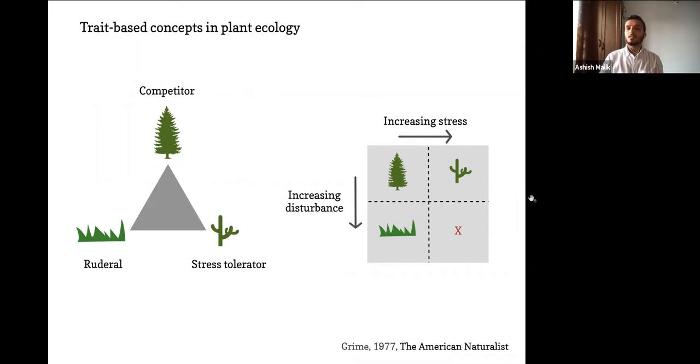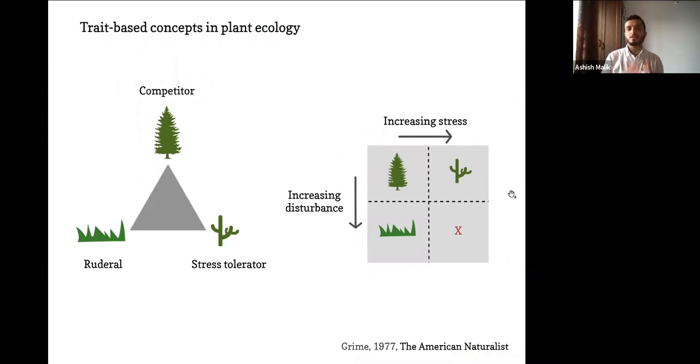And in environments where disturbance is low, but stress is chronic, stress tolerators are able to persist and thrive. And they also suggest that in places where disturbance is really high and stress is also chronic, plants don't really survive. And there are many spaces like these on the planet.